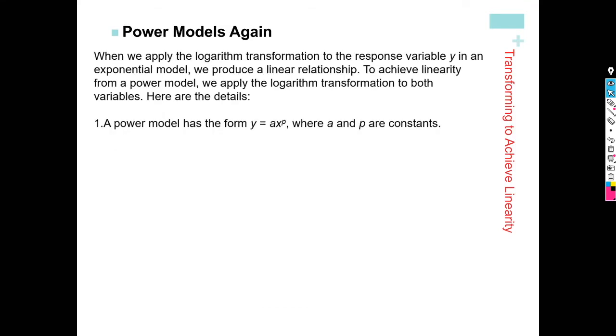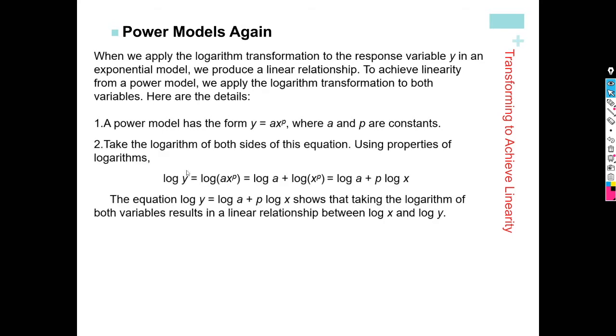Now with a power model, if you have some polynomial, let's say like y versus x squared, or you have some power, we can do the same thing, separate it as log of a plus log of x to the p, which I can take the power and bring it out in front.